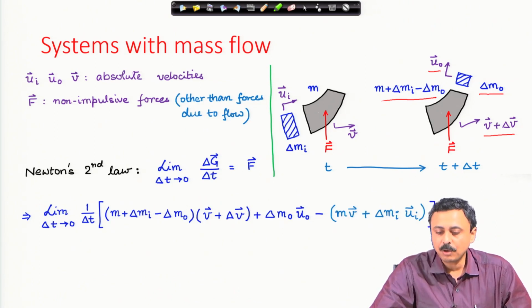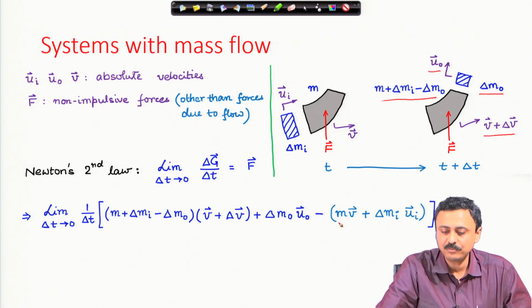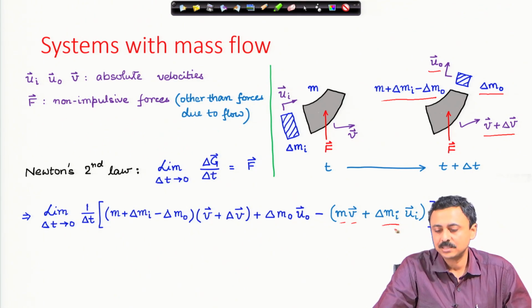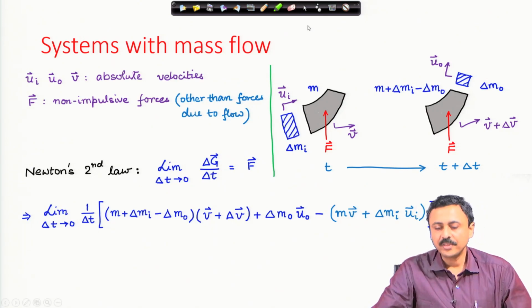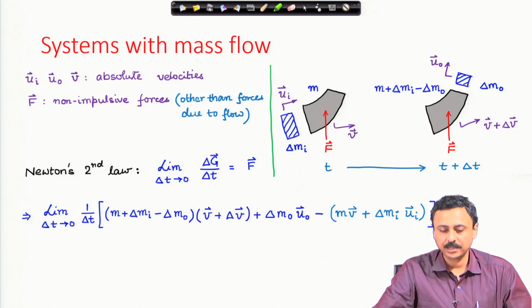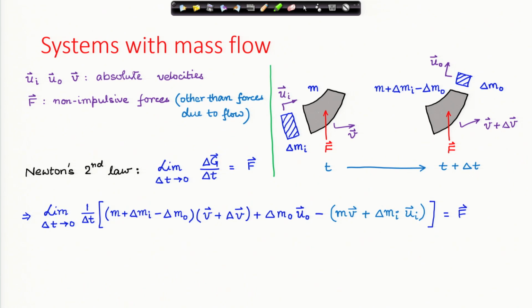And what is the initial momentum? The system of mass m was moving with velocity v, and there was a blob of mass delta m_i moving with absolute velocity u_i, and that must be equal to the net force acting on the system. If I do algebraic simplification, drop out the second order terms.